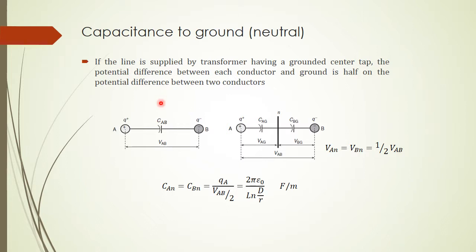Now we imagine that there is a neutral line between the two conductors. The capacitance between the first line and the neutral is CAN or CAG, and the second to the neutral is CBG or CBN. Assume that they are equal.